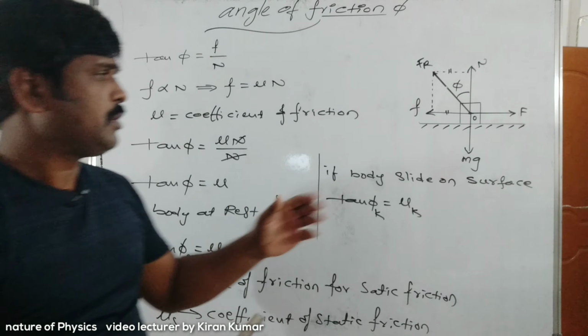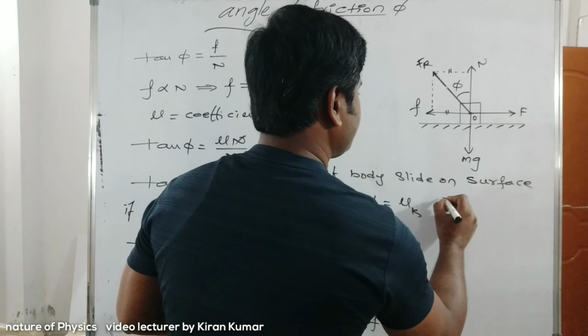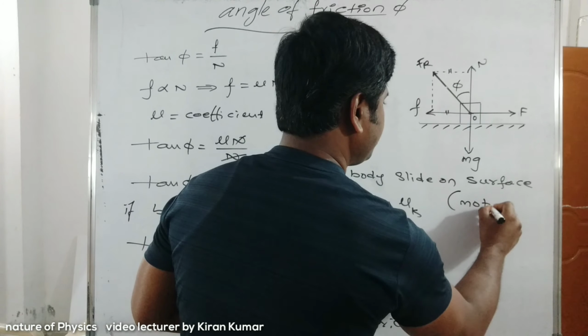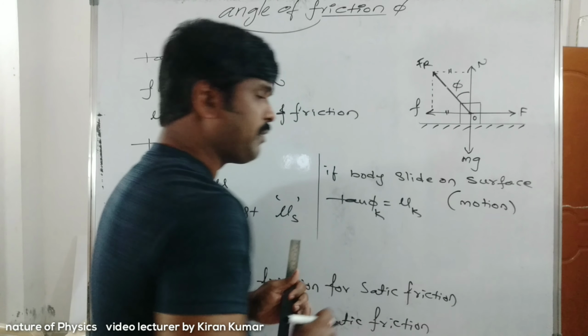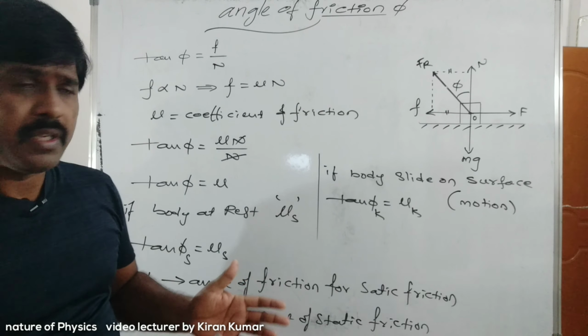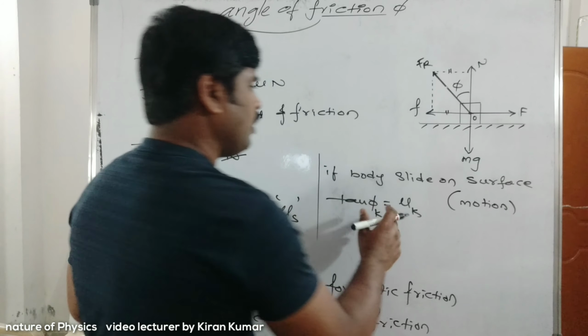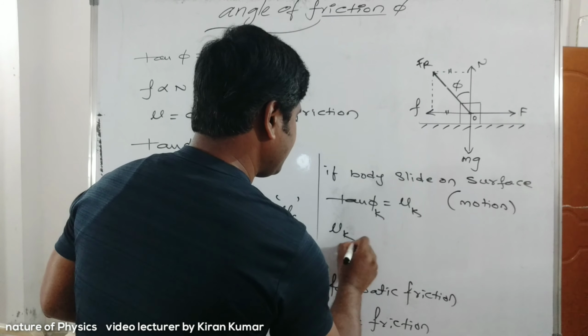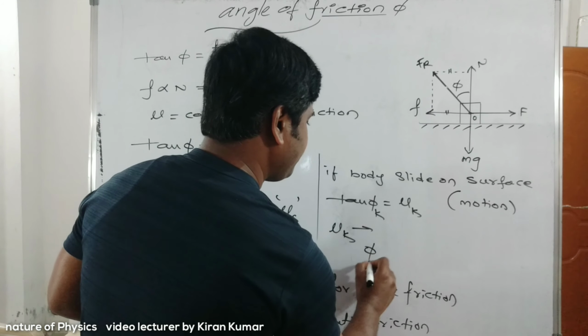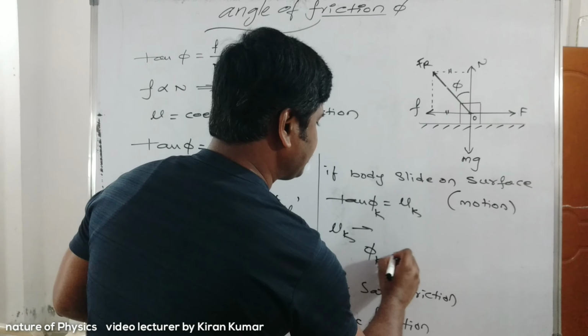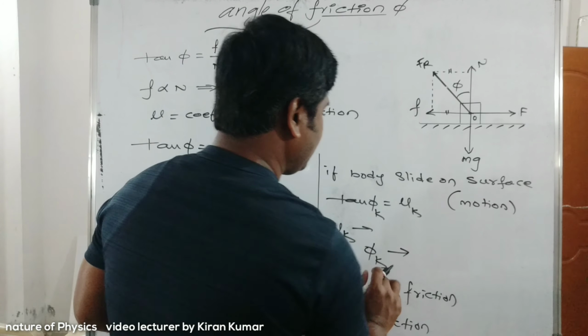Why? Because the body is in motion. That's why kinetic friction or dynamic friction takes place. Here mu k is the coefficient of kinetic friction and phi k is the angle of friction for kinetic friction.